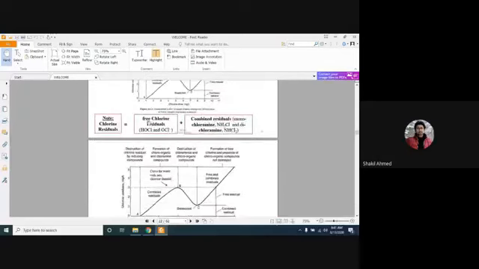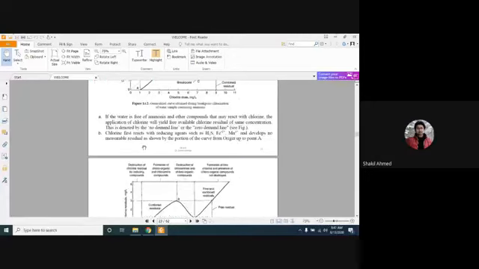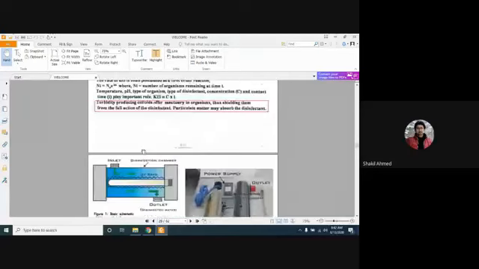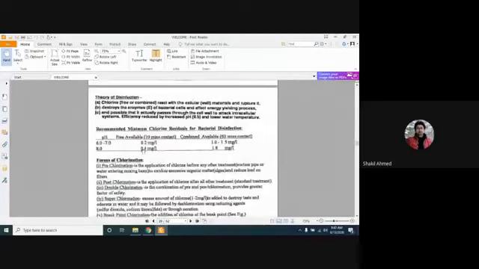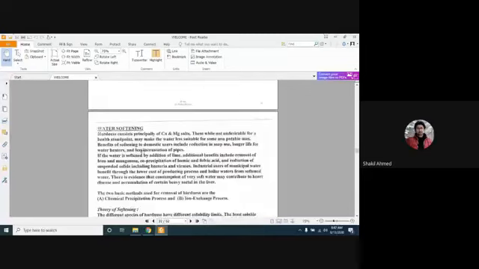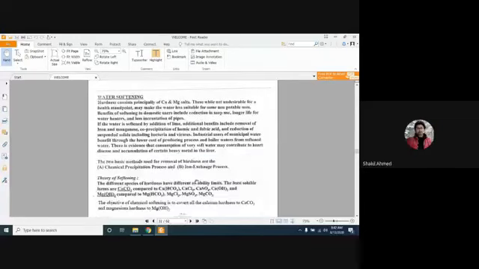So, we discussed this figure step by step in detail, and we discussed up to this, right? I believe, right? Okay. So today we will start from water softening.